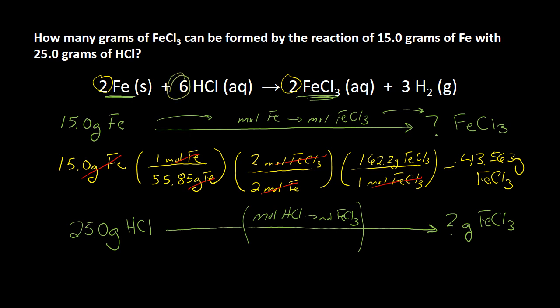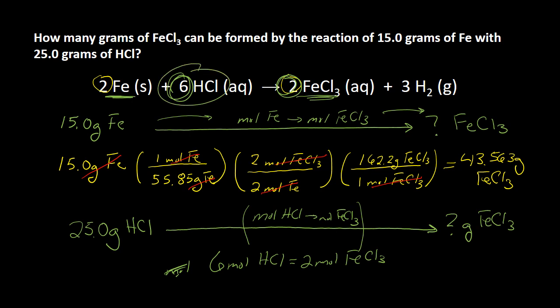So if we write that out as an equation, we would say 6 moles of HCl is equal to 2 moles of iron chloride. Okay, just wanted to point that out because last time we had a 2-to-2 ratio, now we've got a 6-to-2 ratio. So I just wanted to make sure we're all on board with that.